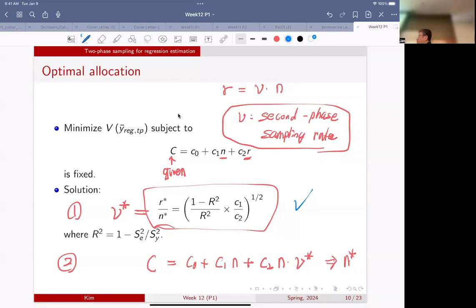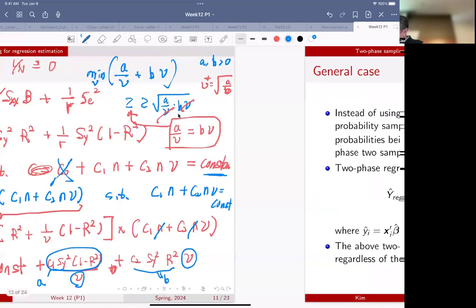If X is pretty good, then it makes sense to sample more X's to leverage more than training. So R1 is the sample size for training, and N is the sample size for leveraging, right? So there's some kind of trade-off. Okay, so that's the main theory.